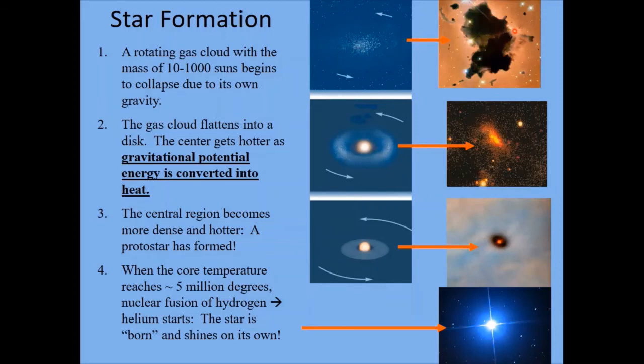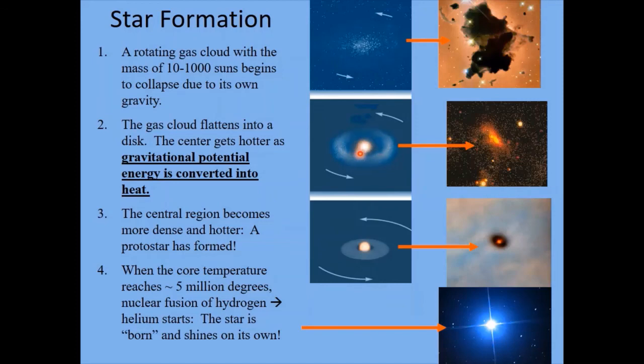This is an actual image of a dark cloud of dense gas and dust in space where stars are starting to be born inside. So what happens as this thing starts to contract is it flattens into a disk, and the center of the disk gets hotter as gravitational potential energy is converted into heat.